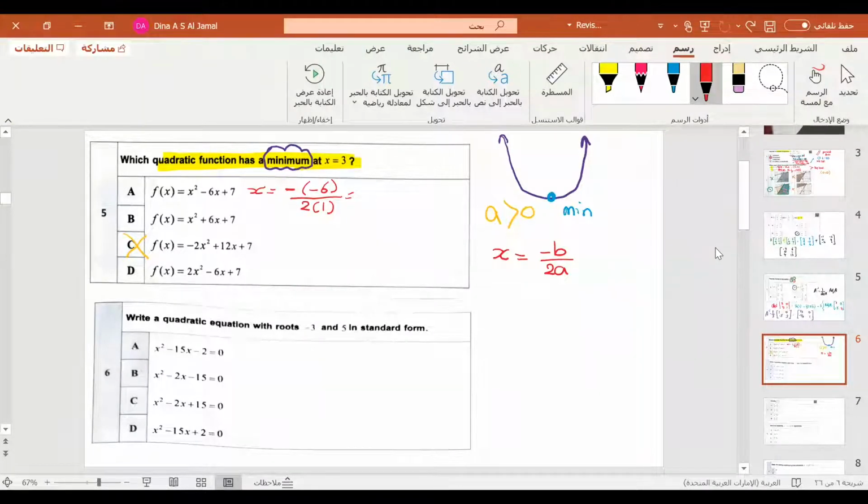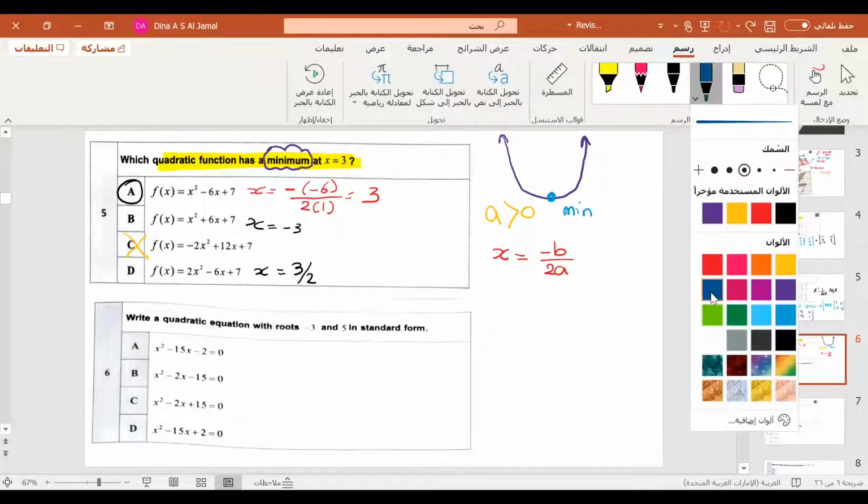When you substitute and find it, it will be 3. Do I need to continue? No need. But if you would like, you can check. X here will be minus 3 and x here will be 3 over 2. That means your answer will be A.